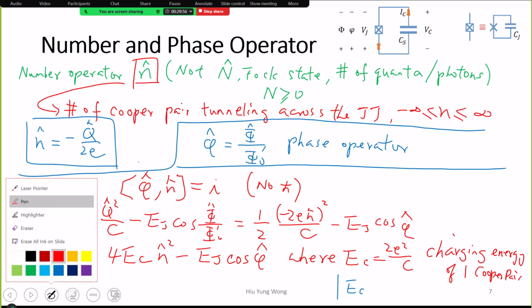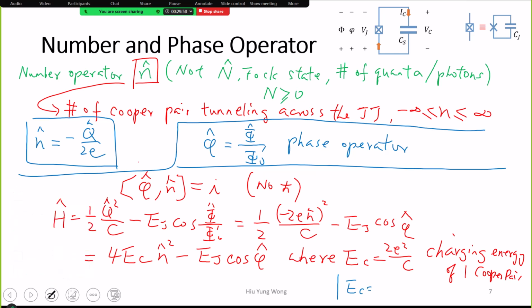Why? Because what is the energy when you put a charge on a capacitor? It's 1/2 Q squared divided by C, but it's a Cooper pair, so the charge is 2e instead of e.